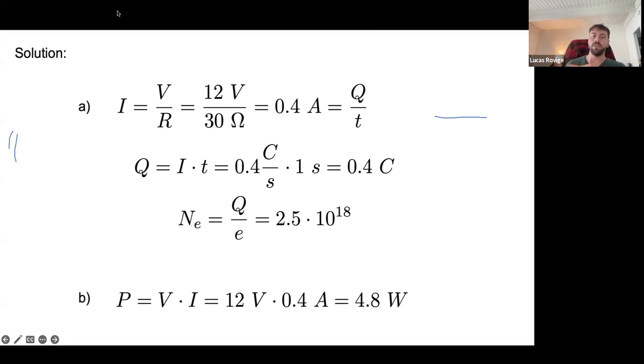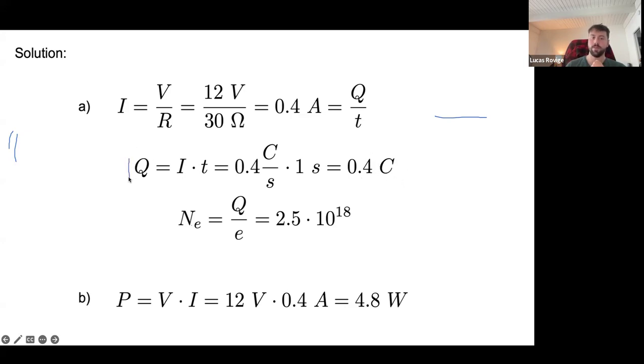And by the definition of the current, 0.4 amps is equal to the charge passing through the system per amount of time. And so if we want to know how many electrons per second, then we take t equal to 1 second, and that gives us q equal to 0.4 coulomb.